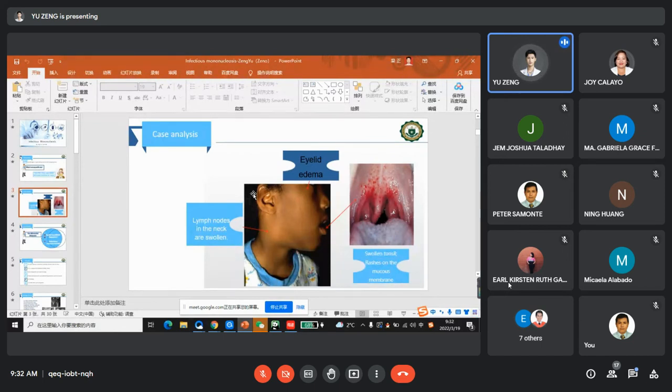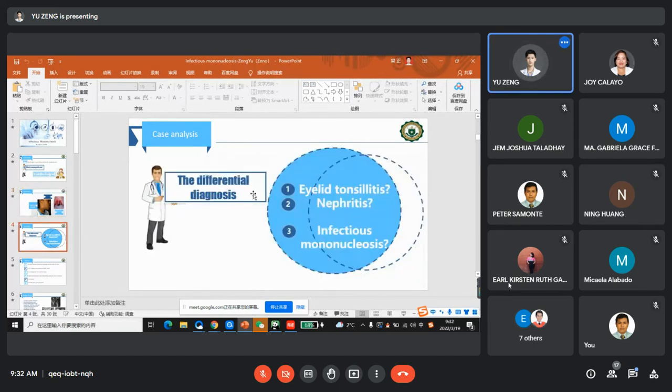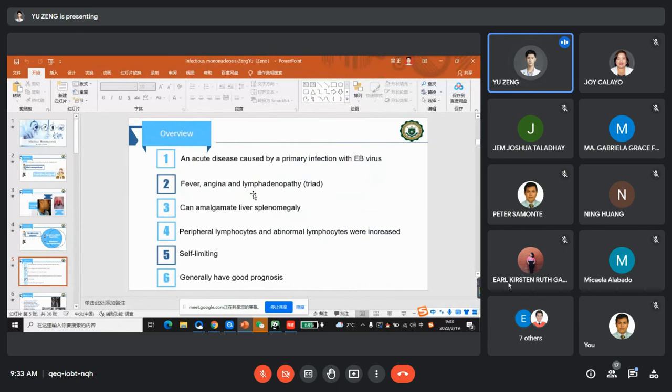He was suffering from eyelid edema. His tonsils are congested and swollen, and there are rashes on the mucous membrane. So, based on the above mentioned symptoms, what might be the most probable diagnosis? Is it eyelid tonsillosis? Is it nephritis? Or is it infectious mononucleosis? Well, before the announcement of the answer, I would like to walk you through several prominent features of infectious mononucleosis.